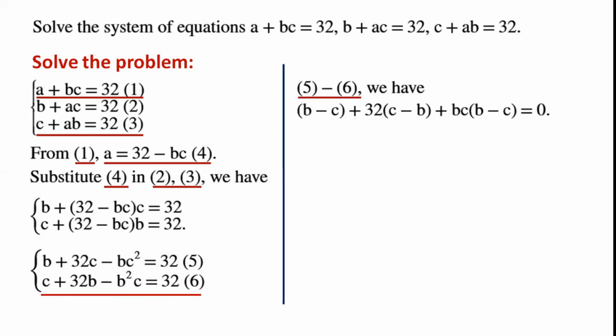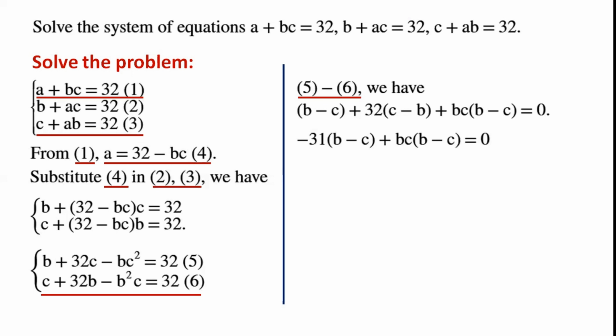Equation 5 minus equation 6, we have B minus C plus 32 times (C minus B) plus BC times (B minus C) equals 0. 32 times (C minus B) can be written as minus 32 times (B minus C).